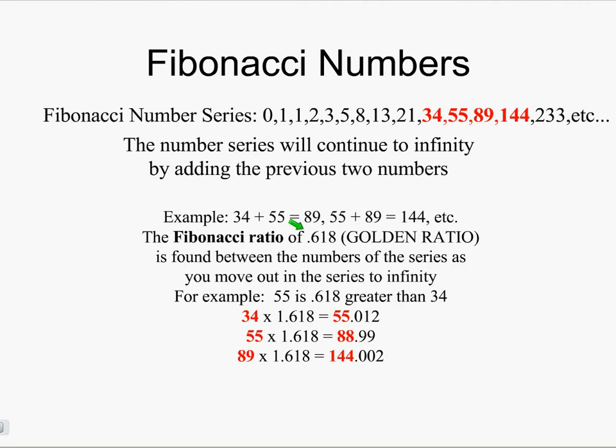And then everything that I use in the analysis is also derived from that basic number. So I'm not using the actual number series here, like the 13, the 21, the 34. I'm using the ratios derived from the number series. And most importantly, the golden ratio, 0.618.